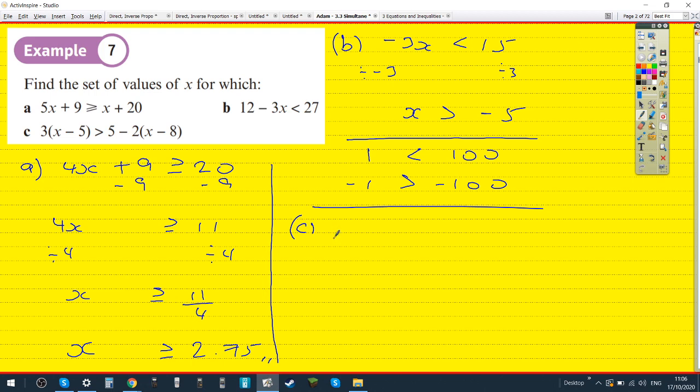So you multiply everything in the brackets first. So it'd be 3x minus 15 is greater than 5, and then minus 2x plus 16.